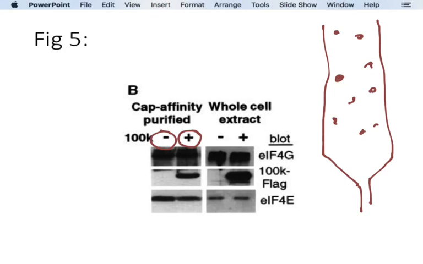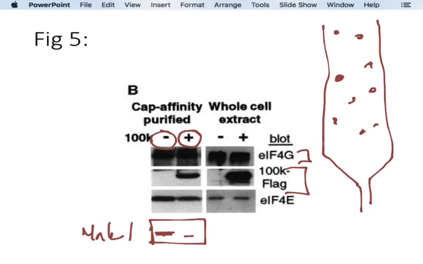So what interacts with EIF4E? The 100K protein. And obviously, EIF4G. What would we expect for MNK1? There to be a band in the not infected and not in the infected? Perfect.